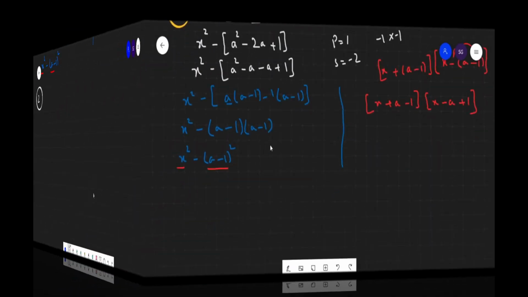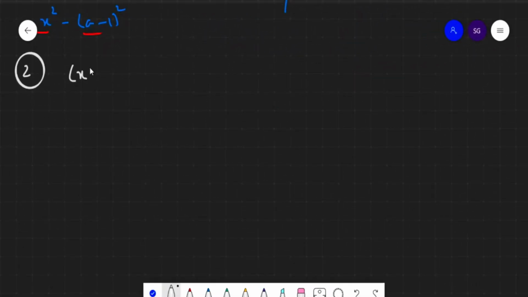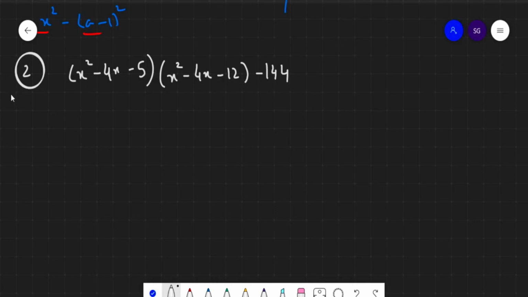Okay, so the next challenge question is x squared minus 4x minus 5 bracket x squared minus 4x minus 12, minus 144. It's quite a huge question. Now this is definitely a challenging question, but if I look at it carefully, 144 is the square of 12.